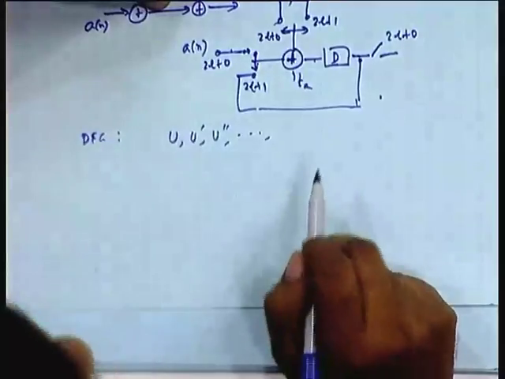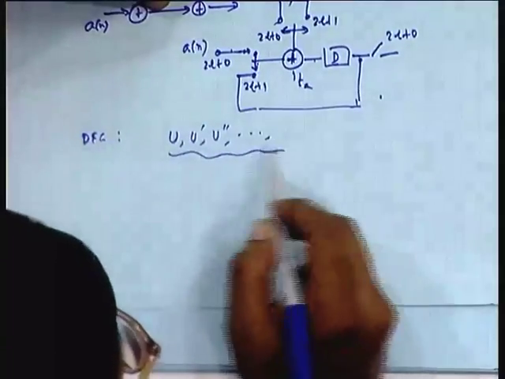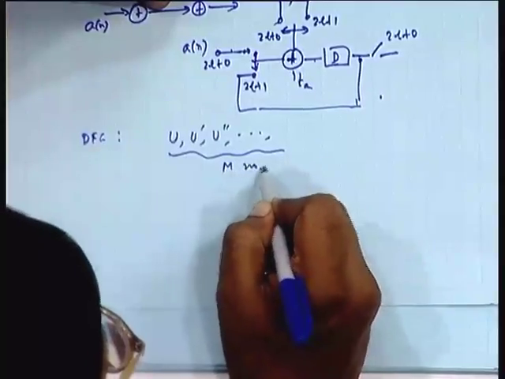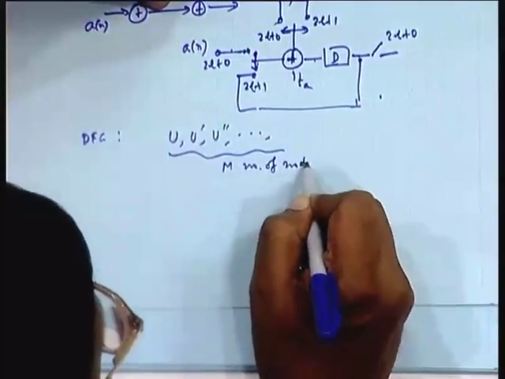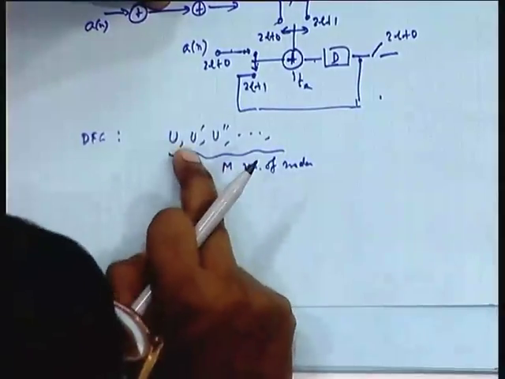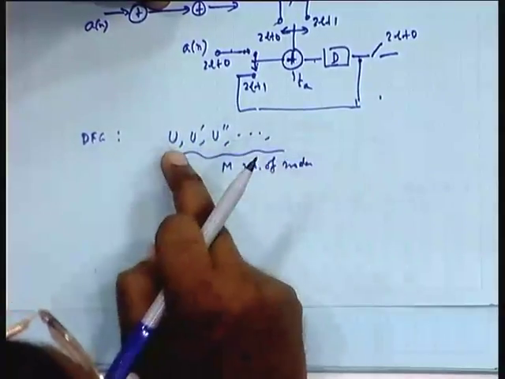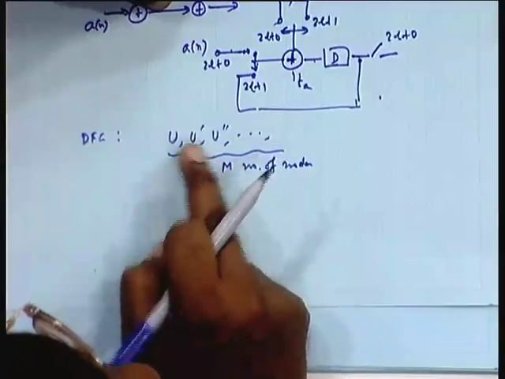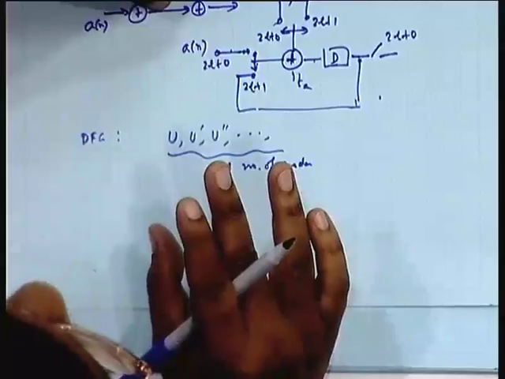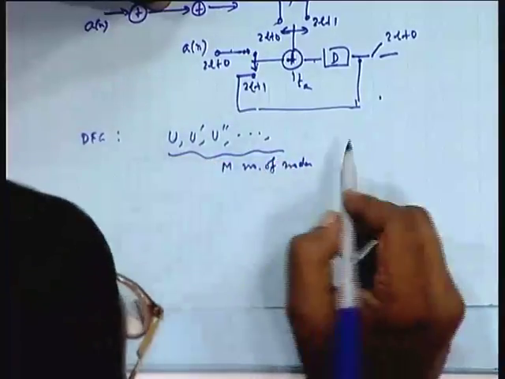Say total m number of nodes, where the node function is the same. If this is an adder, this also an adder, this also an adder, all of them are adders. They represent different nodes in the DFG, but their actual physical operation is the same. And the total number is say m.